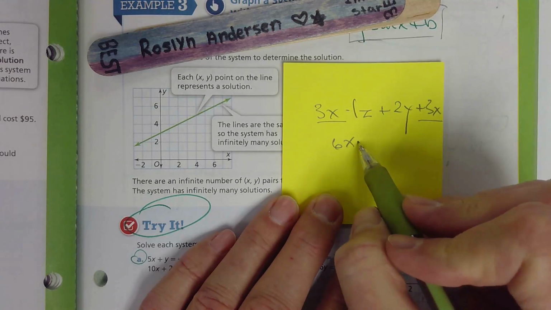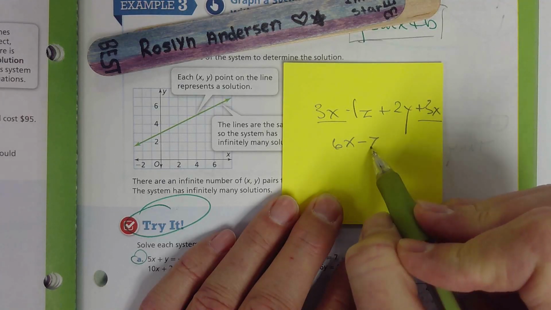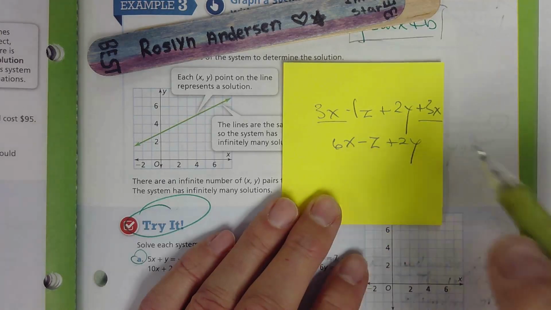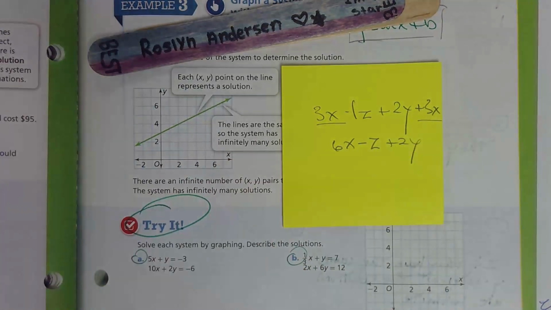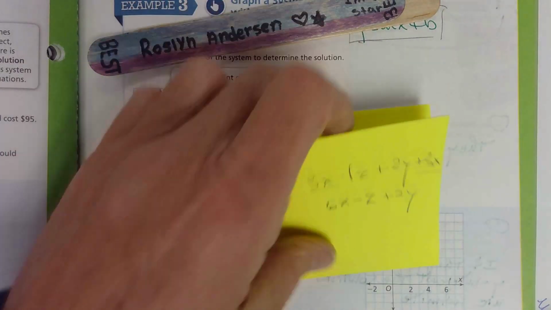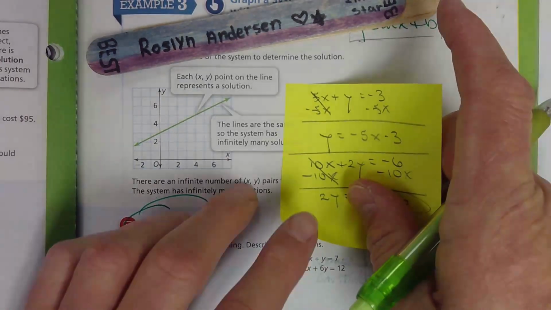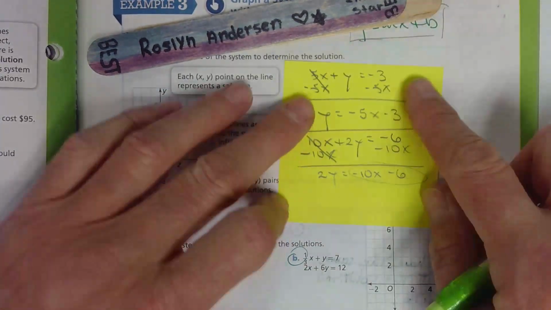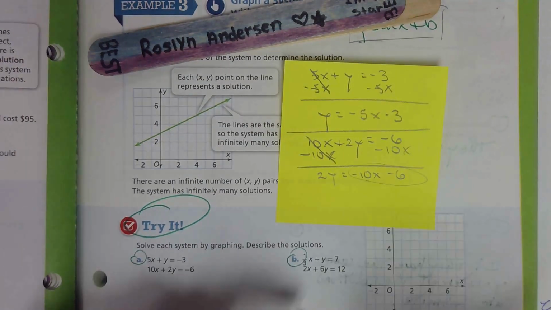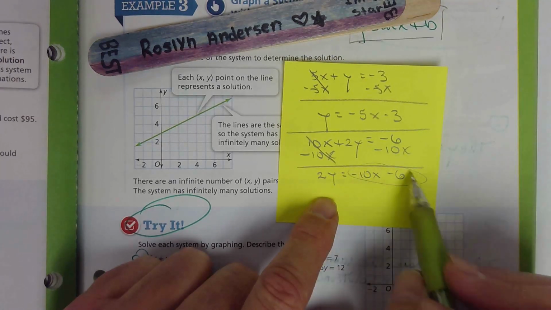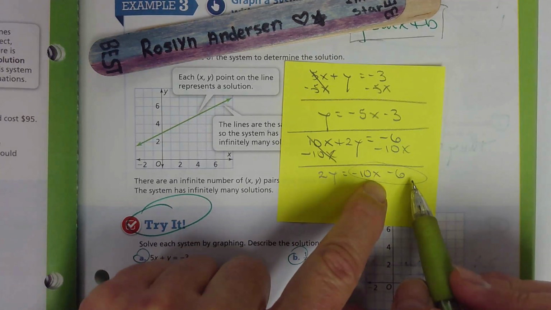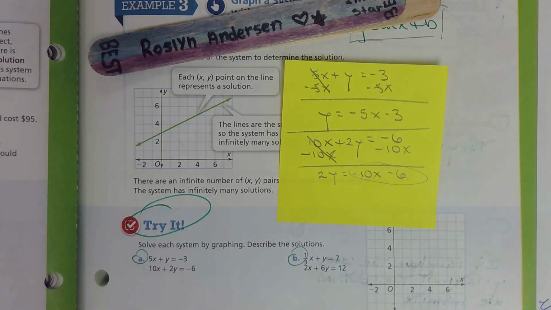There isn't any other z, so that's just going to be minus z plus 2y. So remember, when we're converting equations into the form of y equals mx plus b, you can't do anything with those two because they're not the same terms. They're not like terms. The 6 doesn't have an x.